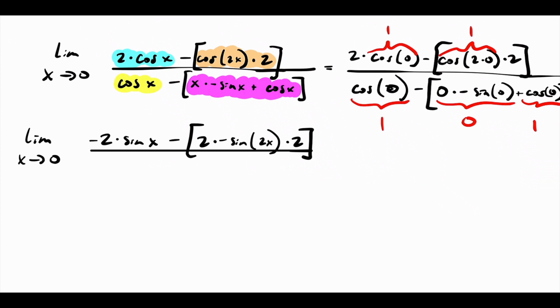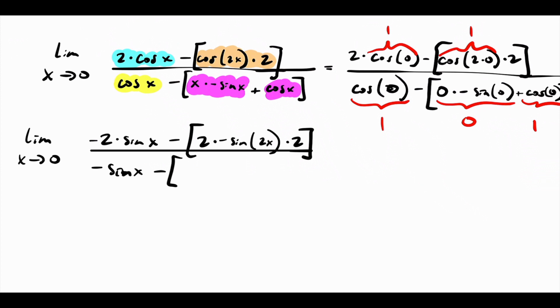Derivative of the yellow is negative sine of x. Minus. Actually, inside here, I have 2 parts.